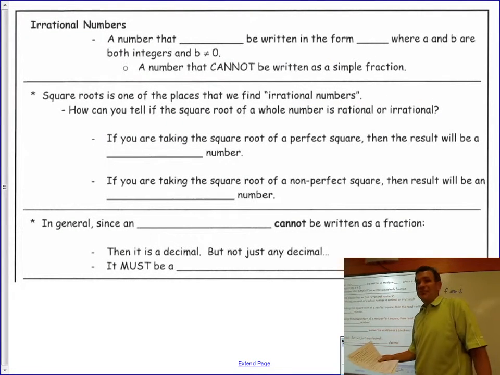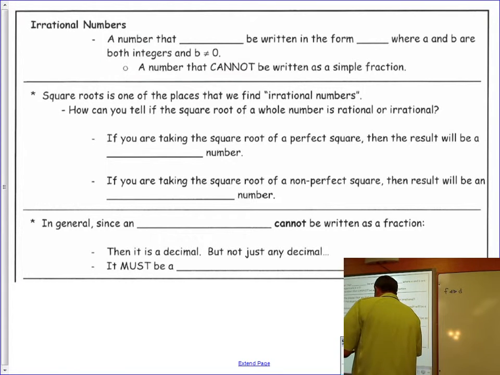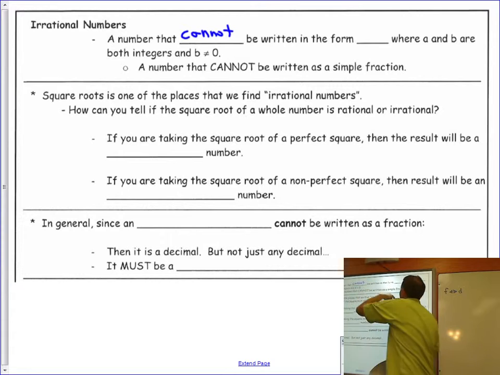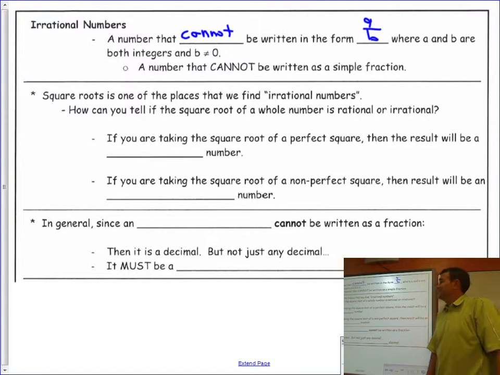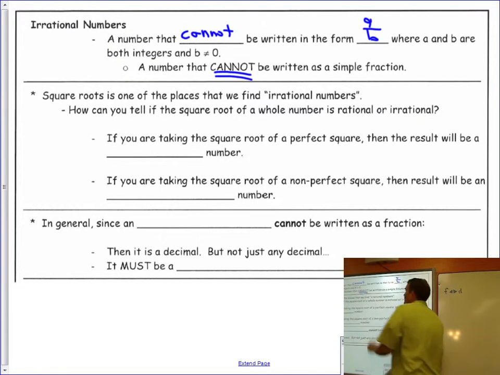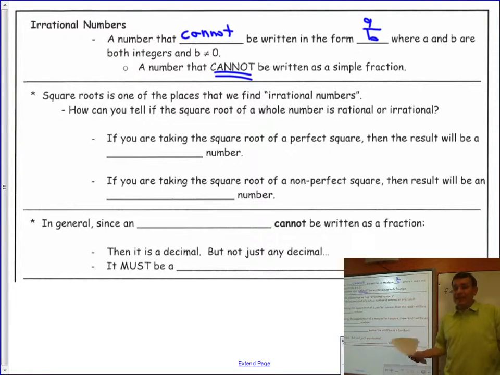An irrational number is a number that cannot be written in the form a over b. It's a number that cannot be written as a fraction, or a non-terminating, non-repeating decimal.